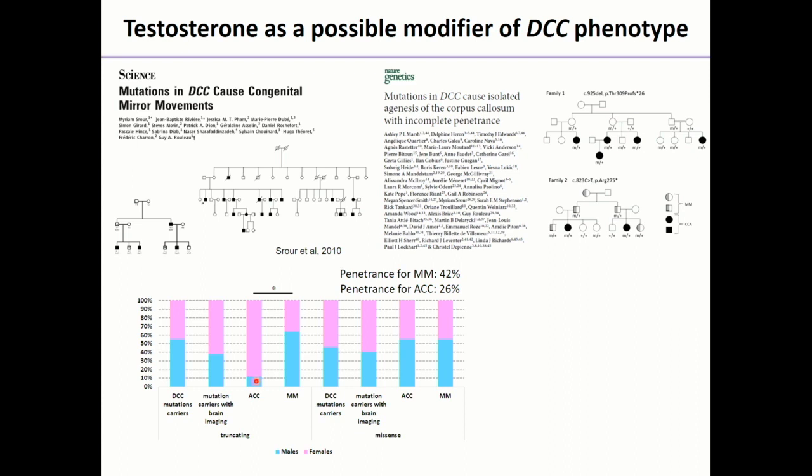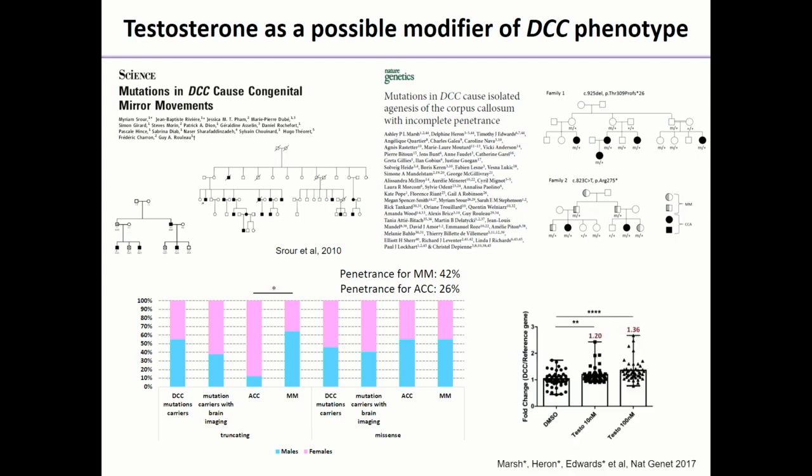And this was true actually for truncating mutation. You can see that it was significant. So we had only a few males in blue with agenesis of the corpus callosum associated with truncating DCC mutations, while most of the males had mirror movements.